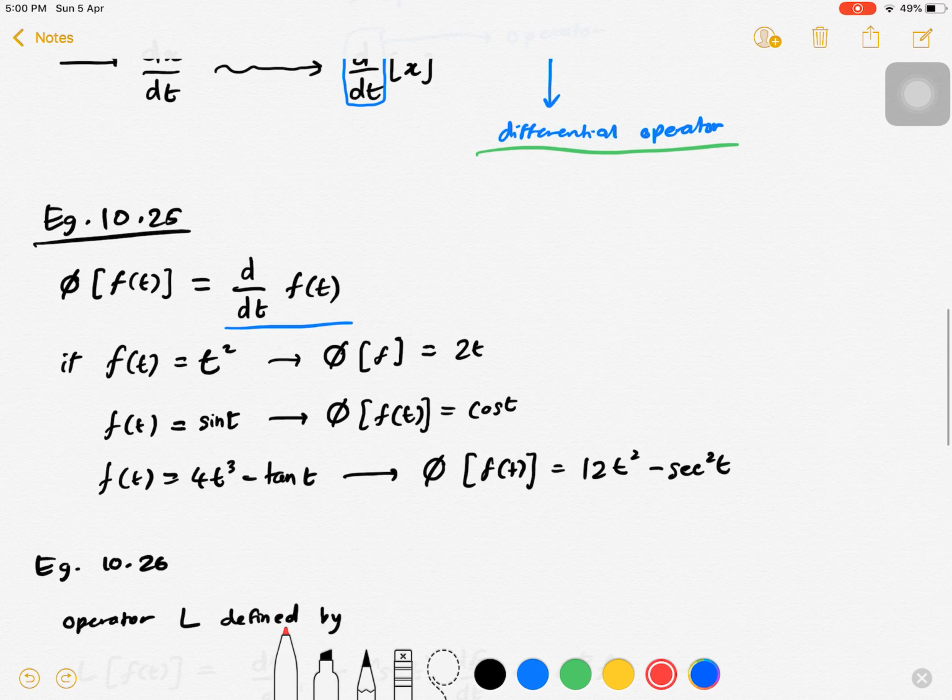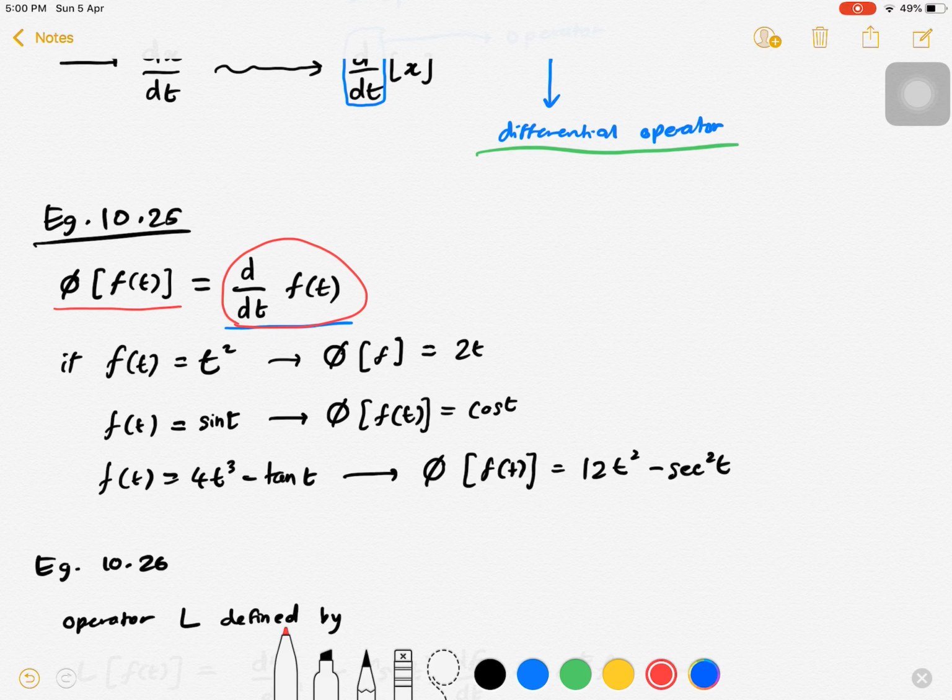So we can again try the example 10.25 in order to understand. If you look at here, this is a simple differentiation process. So this is the operator.